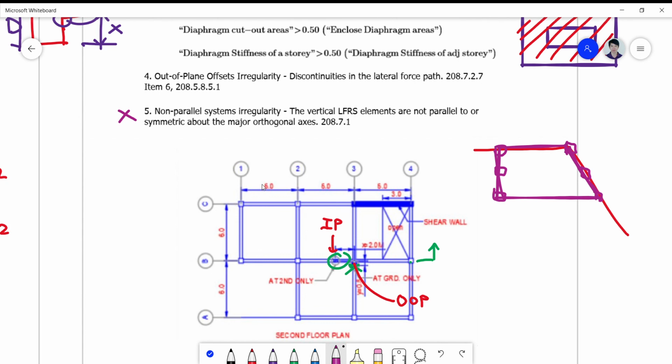Okay, if the shaking is in this direction, there will be no major problem. But if the shaking is in this direction, these columns here will behave differently because of torsional effects.